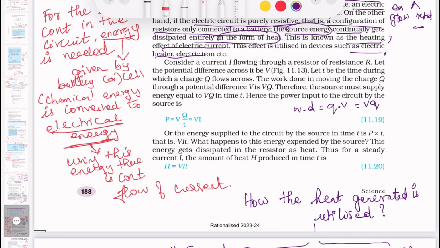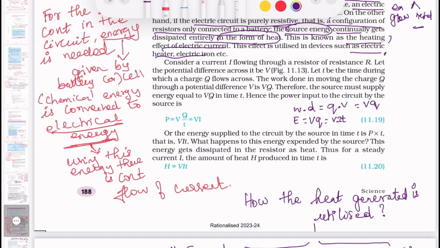We know that this work done is nothing but energy, because energy is the ability of an object to do work. So work done I can say as energy also. So energy is nothing but VQ. Q is equal to I T, so I can say energy is VIT.